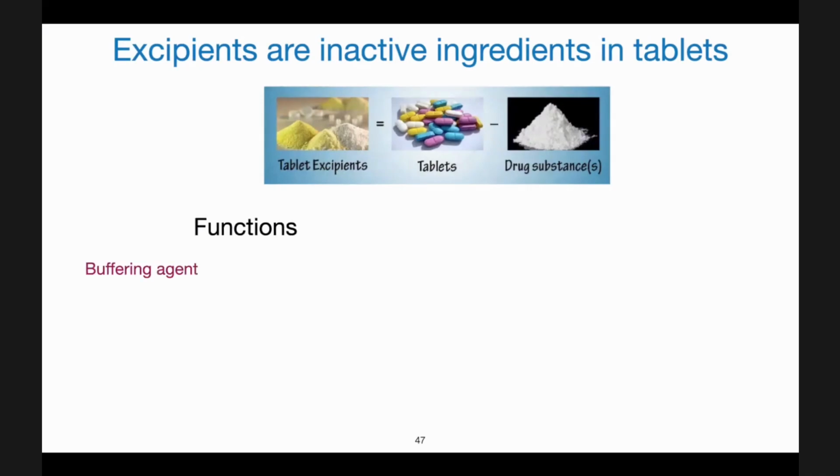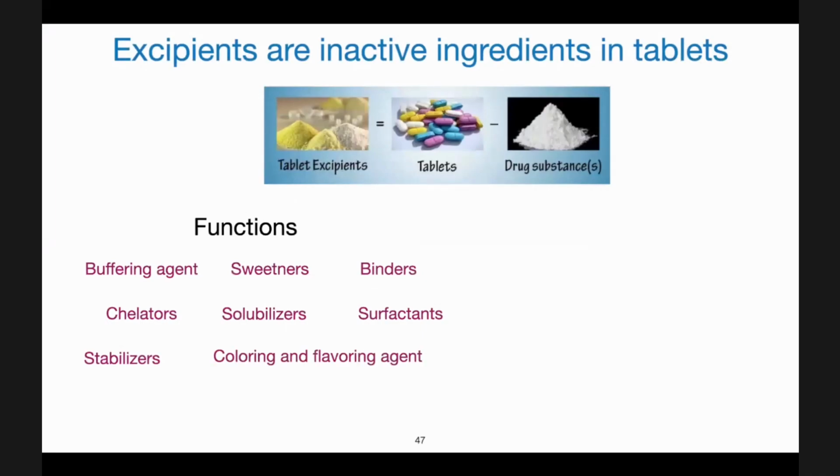For example, they can act as buffering agents, sweeteners, stimulators, binders, stabilizers, surfactants or solubilizers, or as coloring or flavoring agents. These functions are very important, and they can also act as antimicrobial preservatives. So they are usually known to be very safe and inactive ingredients.